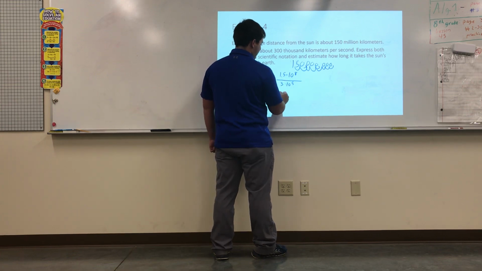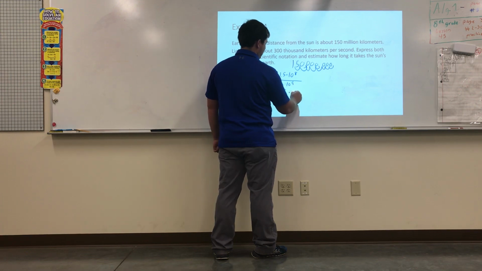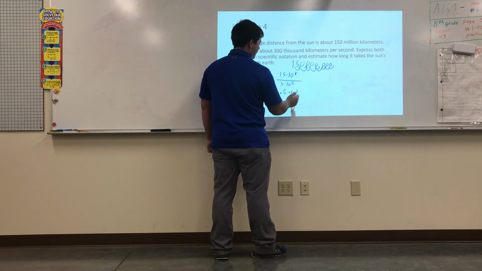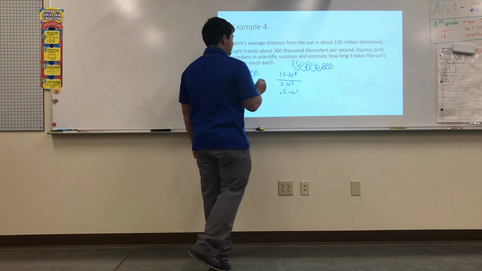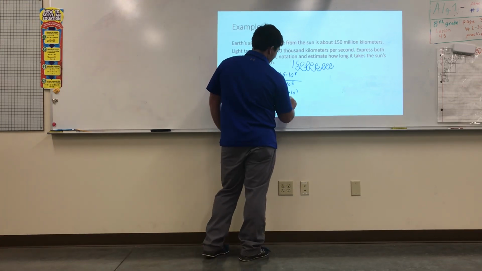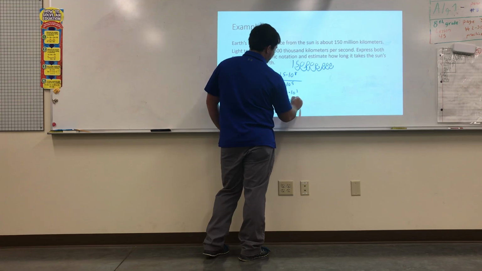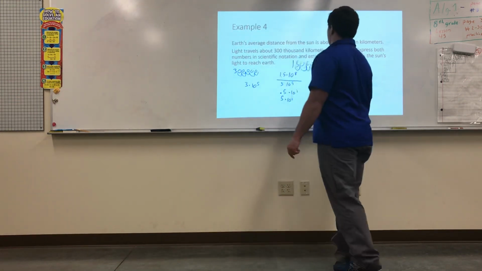Okay, we're going to divide. We get 0.5 here times 10 to the 3rd. No significant figures, so we'd have to multiply by 10, which is going to give me 10 to the 2nd here. So realistically, you're looking at about 500.